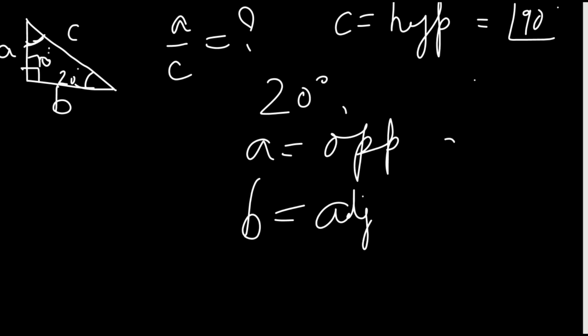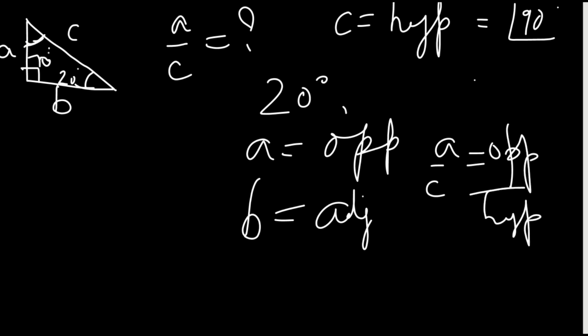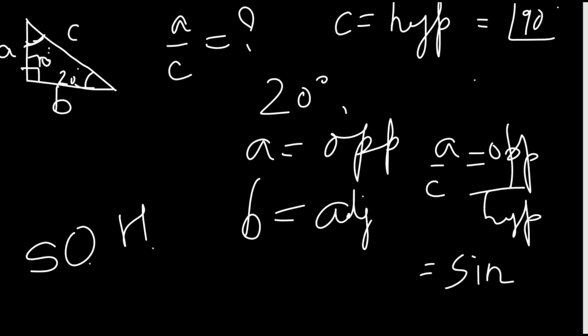They have asked A by C, which is opposite by hypotenuse. That is the definition for sine. Sine of what? Is it 70 once again? No, it's 20 degree, as I have already told you this is with reference to 20 degree.